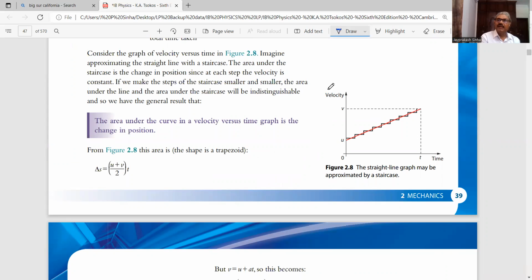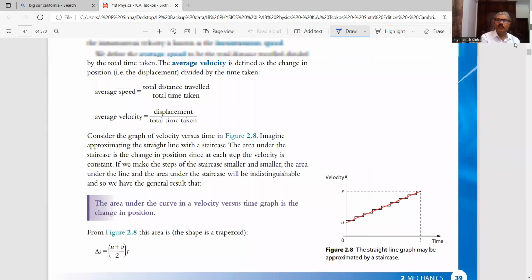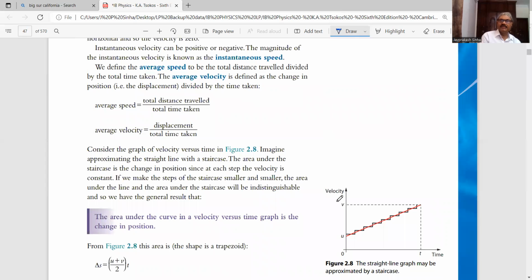Now see, this is a velocity time graph. On the y-axis we are taking velocity, on the x-axis time. So when the time is 0, the initial velocity is u, and when the time is t, the final velocity is v.